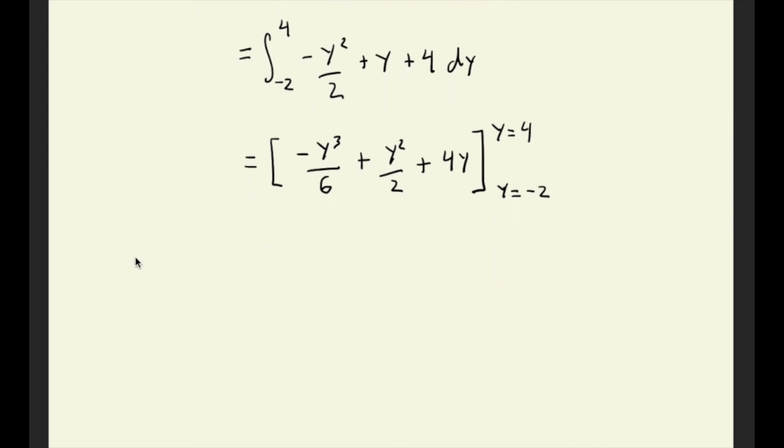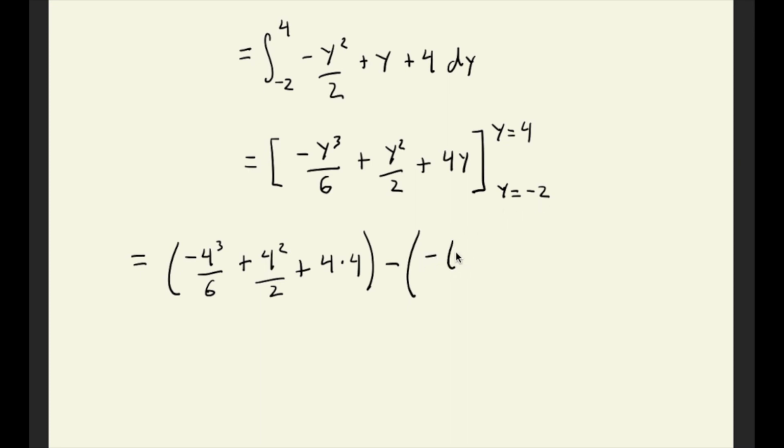I haven't really solved this, so hopefully the math is not going to be too hard. Okay, so this is going to be, I'll do it slow, minus 4 cubed over 6 plus 4 squared over 2 plus 4 times 4 here, minus, now you plug in negative 2: negative 2 cubed over 6 plus negative 2 squared over 2 plus 4 times negative 2.